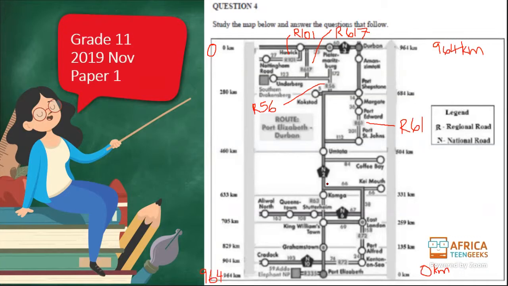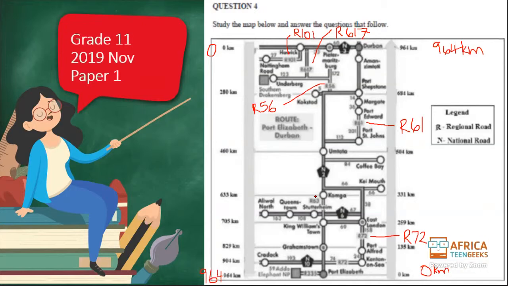Remember, if you see a number, a number means distance in kilometers, in this case between this junction here and this town, right? And N2, N6. This one here, R72, R72.